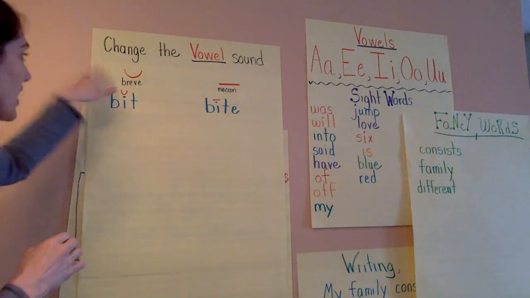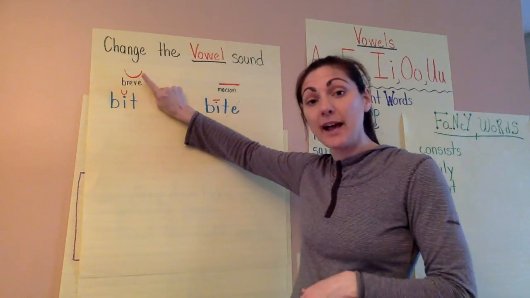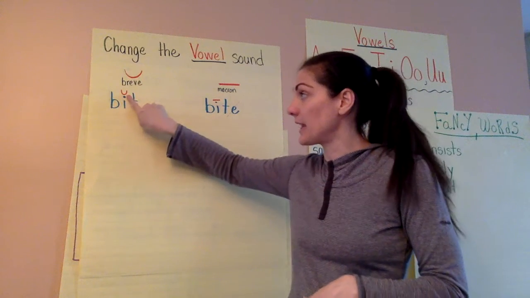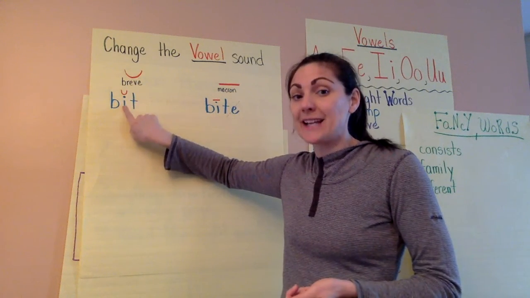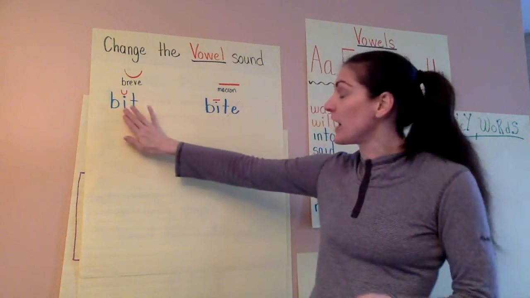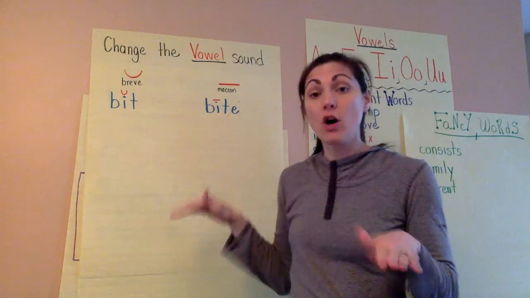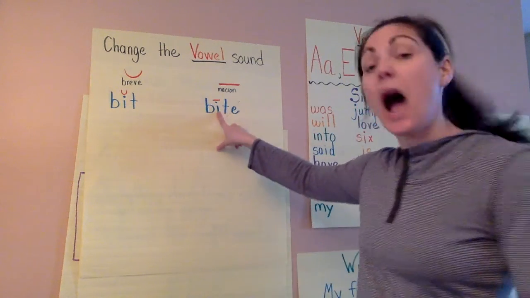So when you're changing the vowel sound, we've been working a lot on the short vowel sound, which if we code that, it is coded with a breve. And so it sounds like i, i, i. But now if I change that vowel sound to make a long sound where it says its own name, I'm going to change it to i.